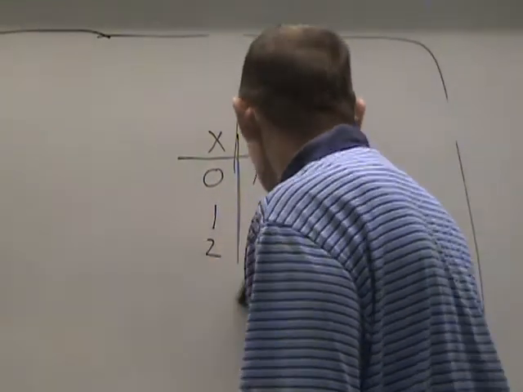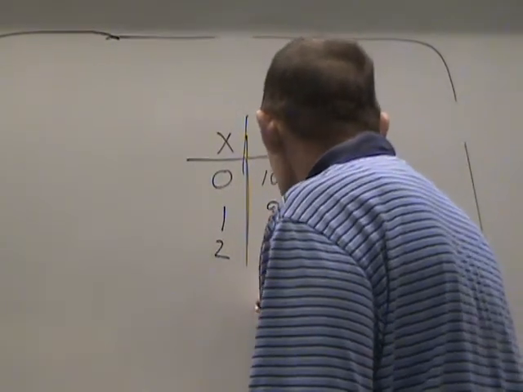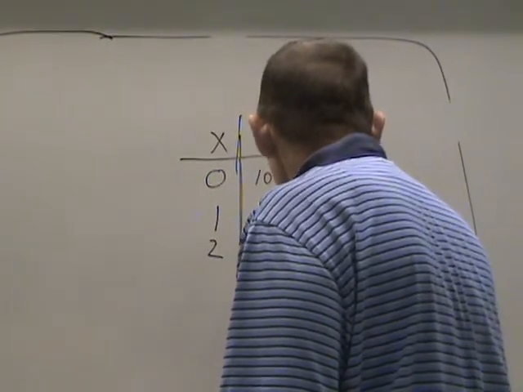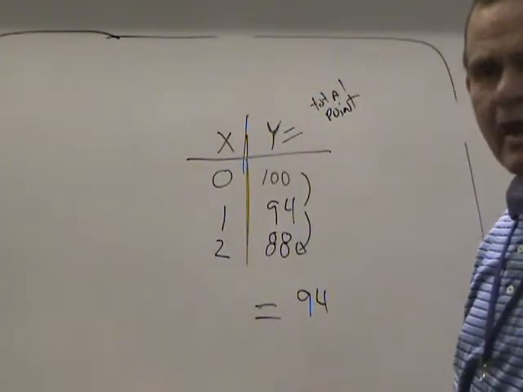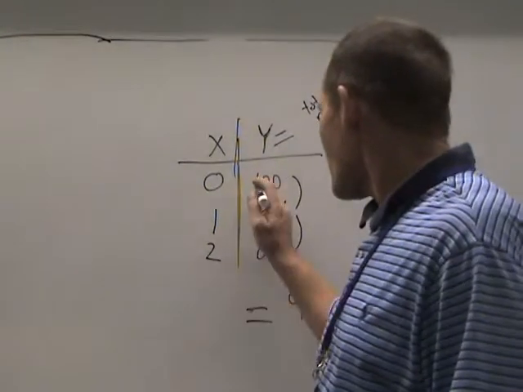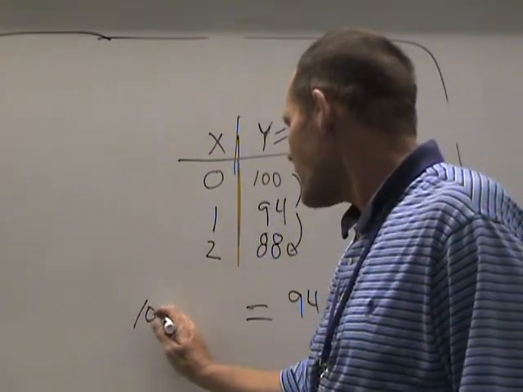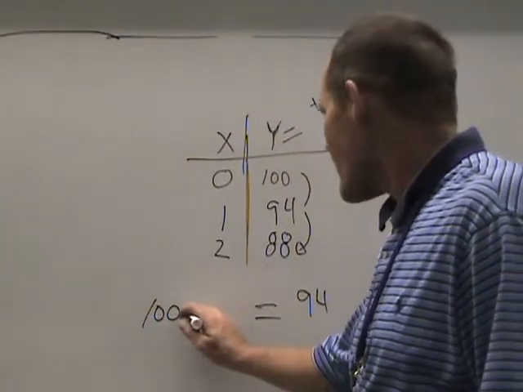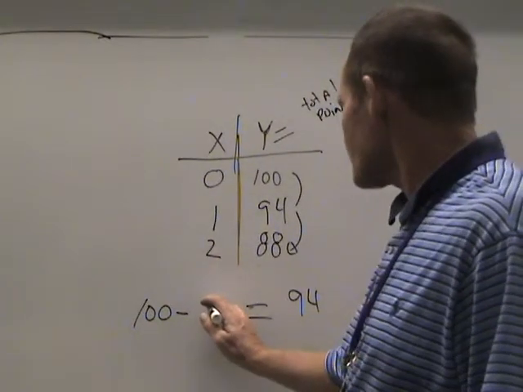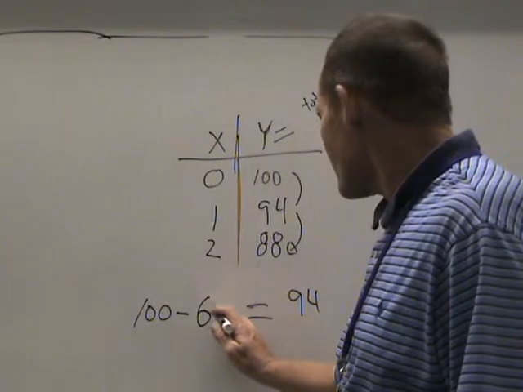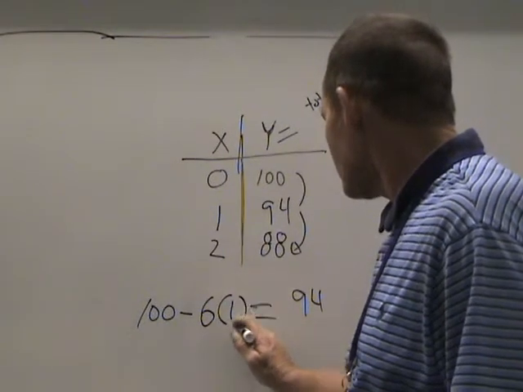You can understand. Look, if I have 94, how did it get to 94? That's what we say to ourselves. I started with 100, right? And I subtracted. What did I subtract? I subtracted 6. Where did I get 6 from? I got 6 from the number of rides, 1, you see.